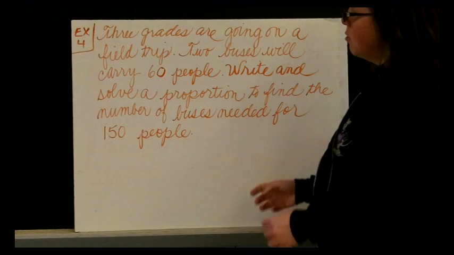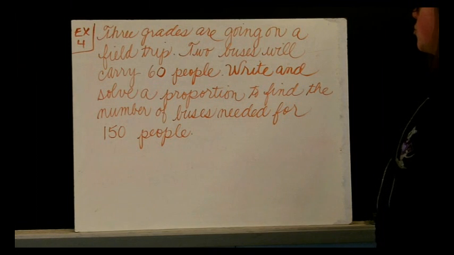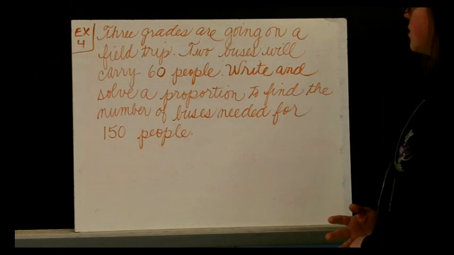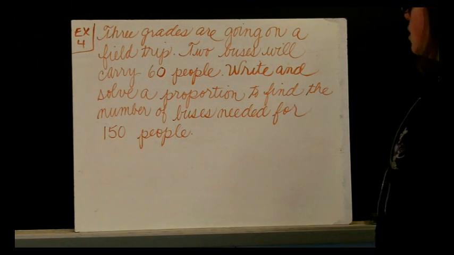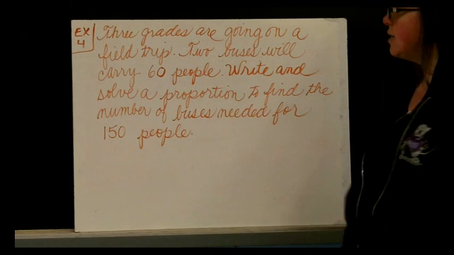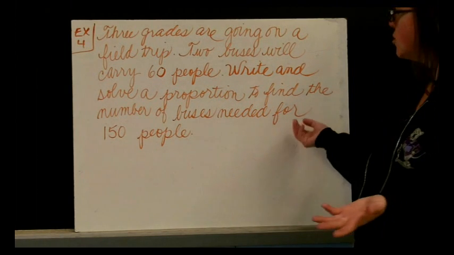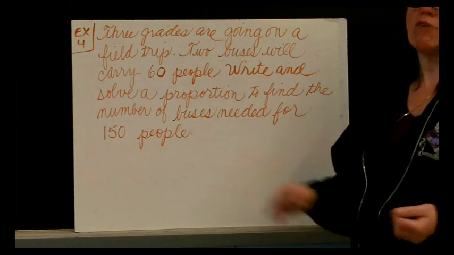Word problem, I'll read it to you. Three grades are going on a field trip. Two buses will carry 60 people. Write and solve a proportion to find the number of buses needed for 150 people. Well, notice it just says to write and solve a proportion.